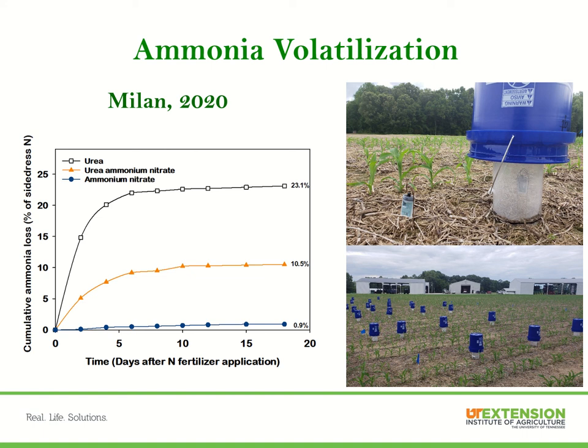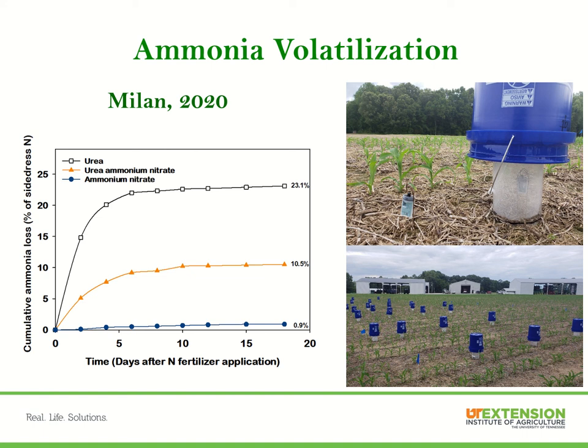If you look at this graph, on the y-axis you have cumulative ammonia loss, which is the percent of the side dress nitrogen. In this case, it was 120 pounds of nitrogen per acre. On the x-axis is time, days after nitrogen fertilizer application.